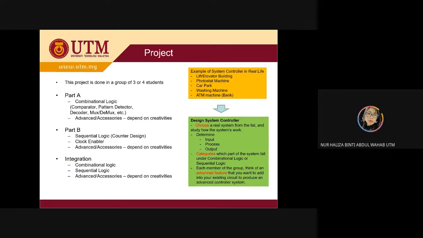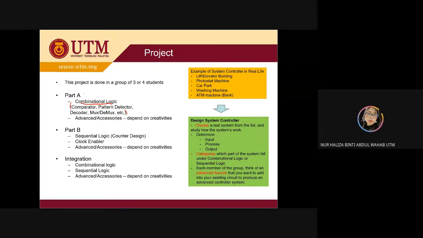So what is inside? For Part A, you have the combinational logic. If you still remember combinational logic, you have a comparator, you have the adder, you have mux, you have demux. All of that you can use. You can freely use any of the combinational logic, depending on the scenario given.